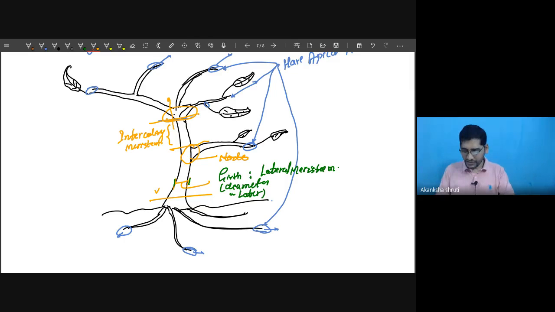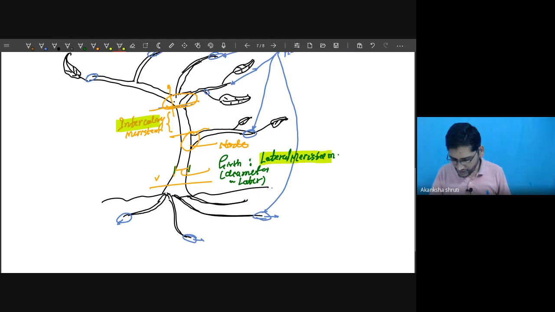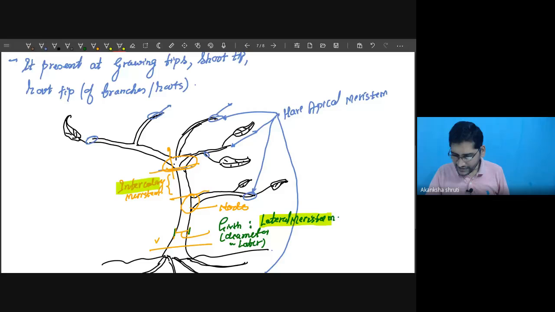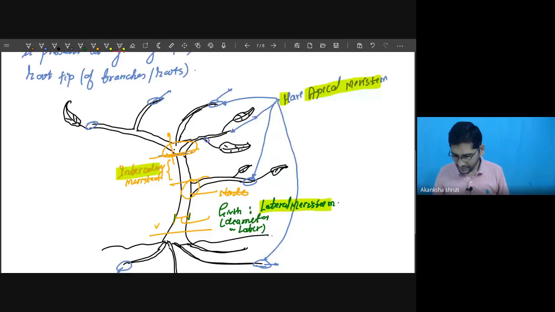Get it? So these are the three kinds of tissues required for the growth of the plant. One is between the nodes, another is at the top, and the last one is for increasing the girth or diameter.